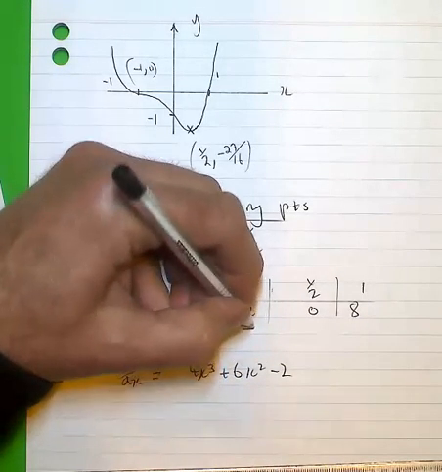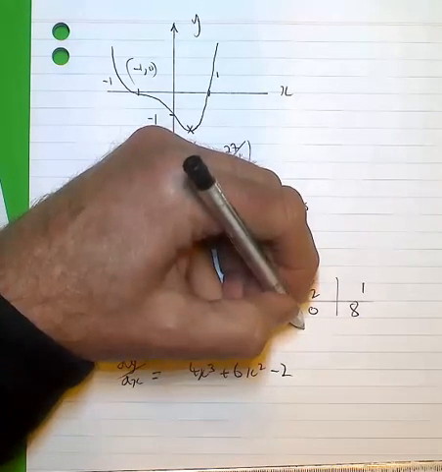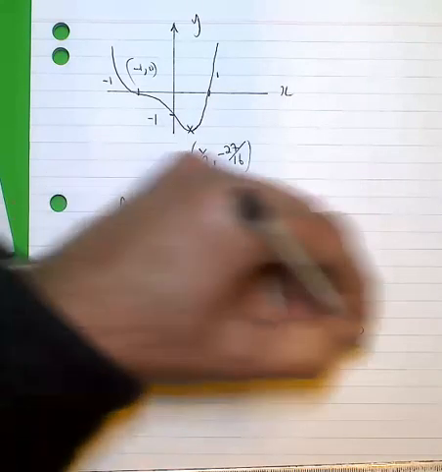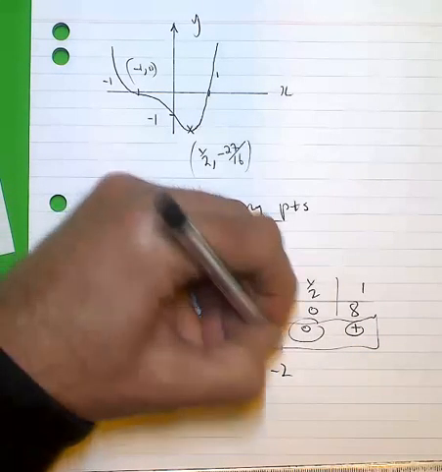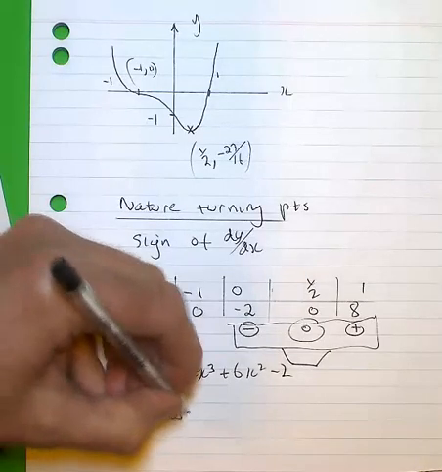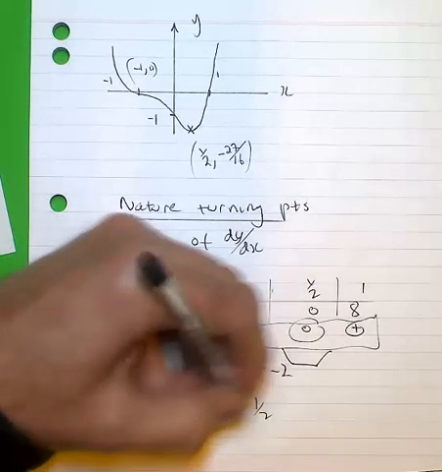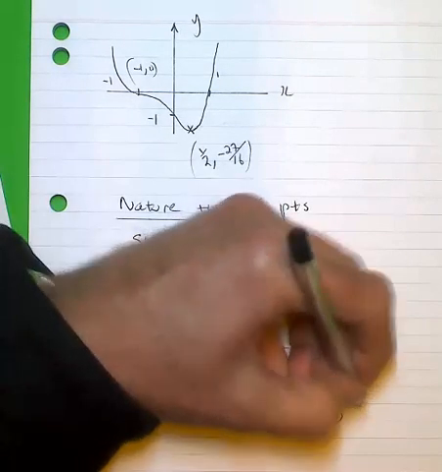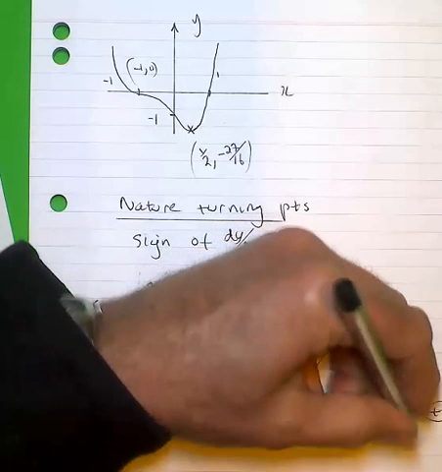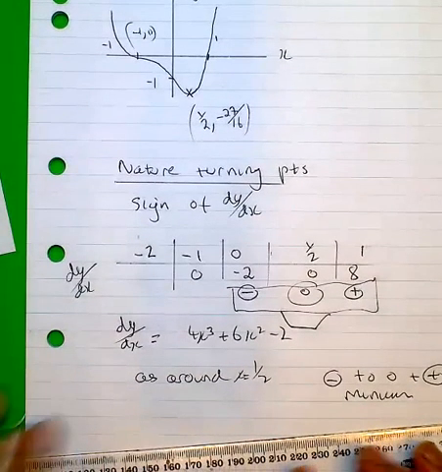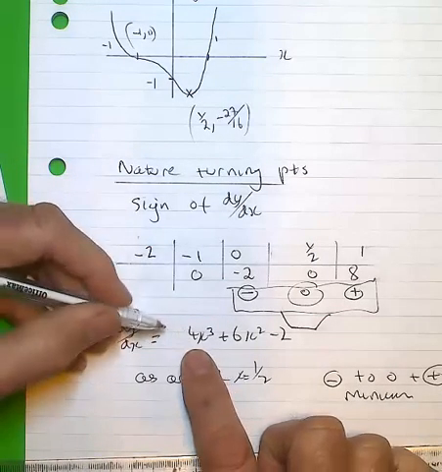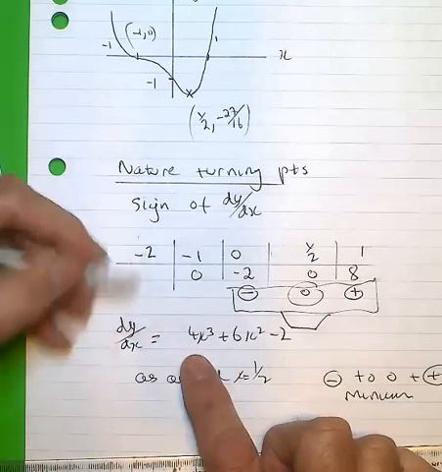So already I can see the sign goes from minus to 0 to positive, which is typical of the pattern of the minimum. So I can write that one down. And when I plug in negative 2, the negative's just going to take over there.